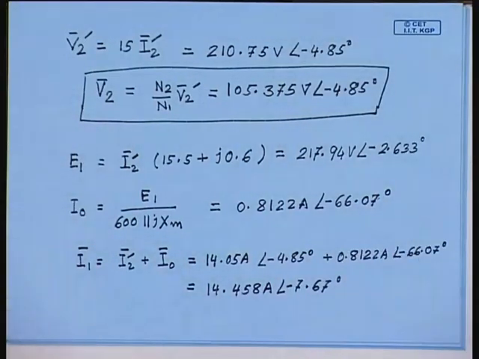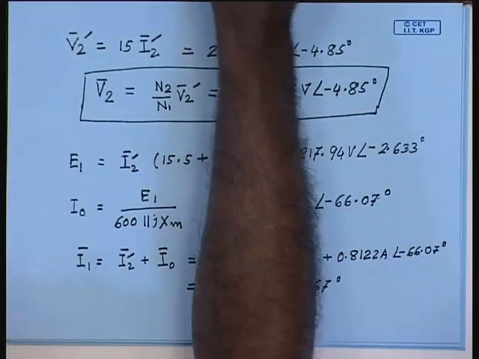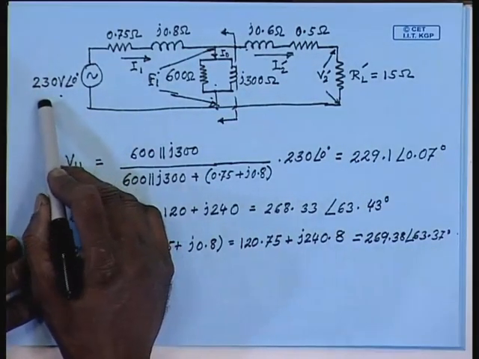However, the purpose of solving this problem was not just to show how this problem can be solved. I would like to draw your attention to a few salient features of this equivalent circuit. For example, let us see the applied voltage.